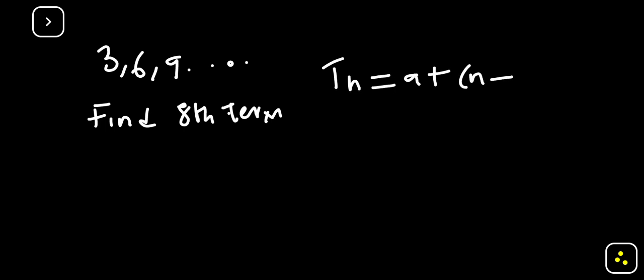This formula, you must know it to solve the nth term of an arithmetic progression. The first term here, A, is what? The first value is 3. The common difference is what? 6 minus 3. So we have D is also 3.